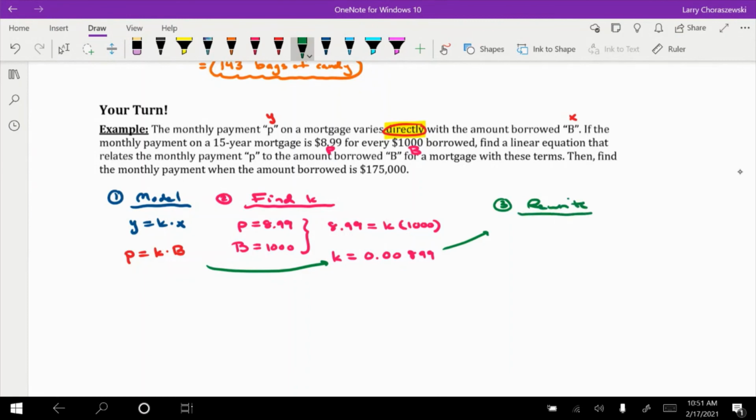Rewrite P equals 0.00899B. Satisfies this part. Find a linear equation. And then there's a use part to this. Find the monthly payment when the amount borrowed is $175,000.